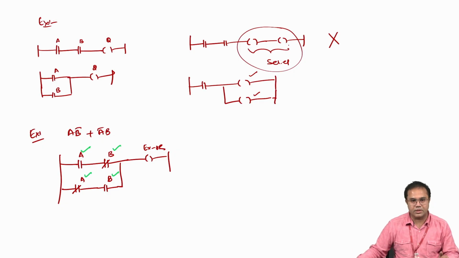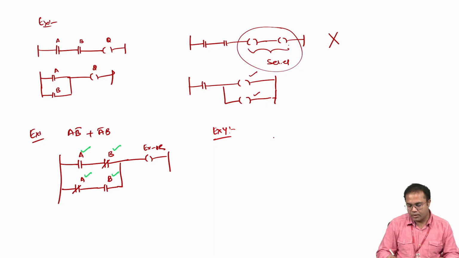You can use input instructions multiple times, but the output cannot be used multiple times in one program. See why we should not use the output multiple times. Another example, example 4. Let's say AND logic followed by an output.